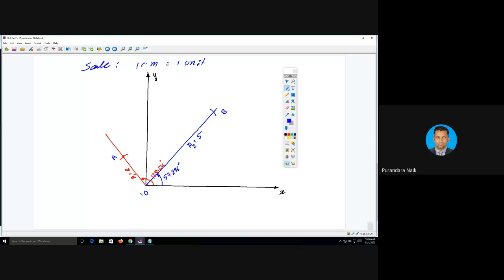Now, very simple. Just draw a line parallel to this line, through point B. It should be parallel to OA.